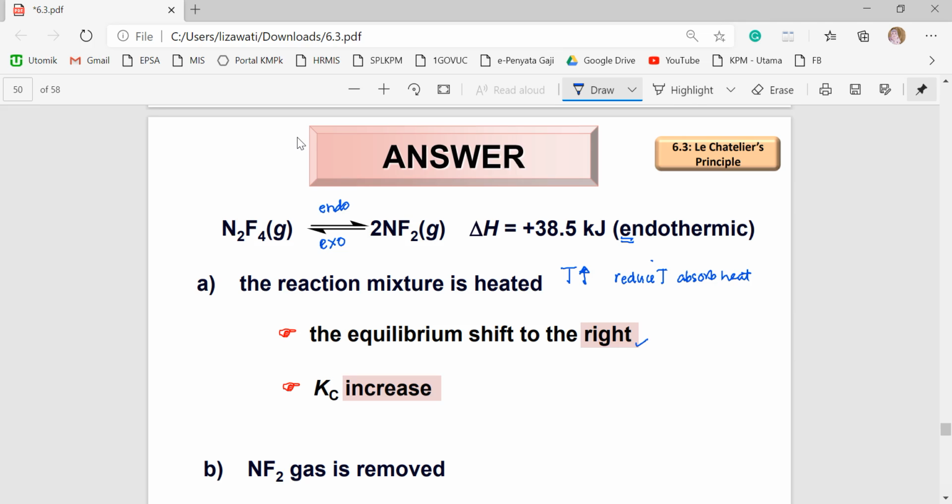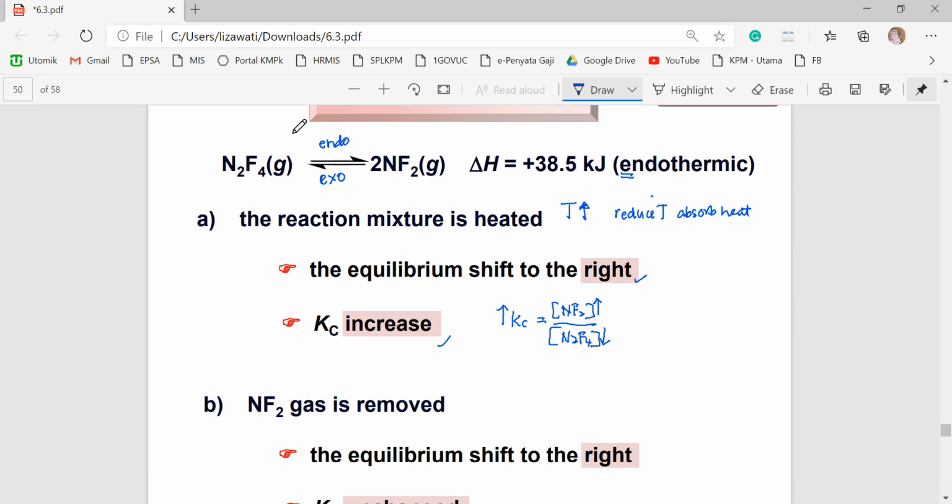We know that Kc equals the concentration of NF2 over the concentration of N2F4. When we shift to the right, the concentration of product increases and the concentration of reactant decreases, and therefore the Kc value will increase.